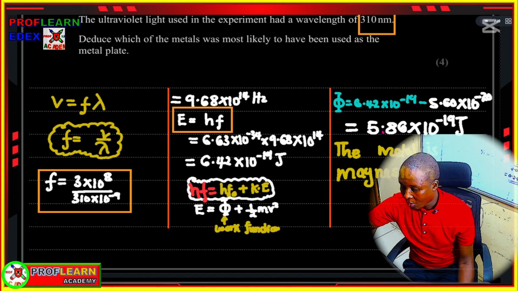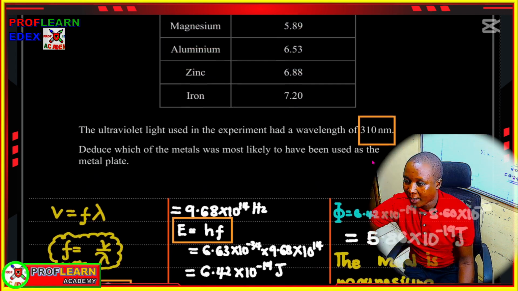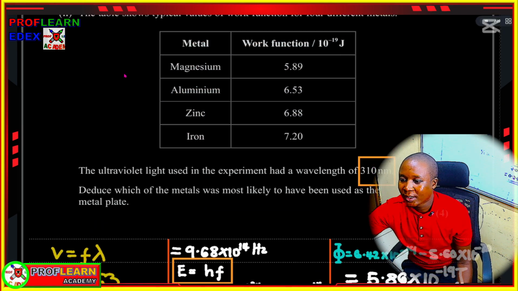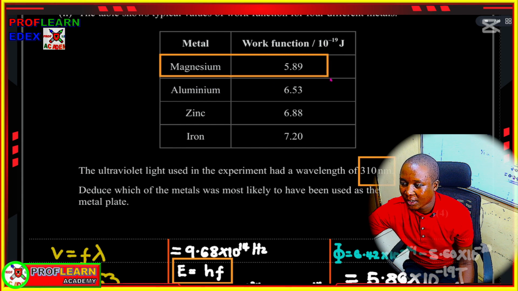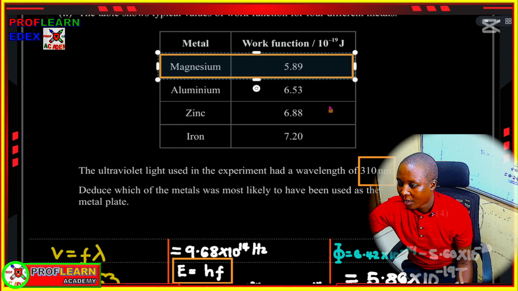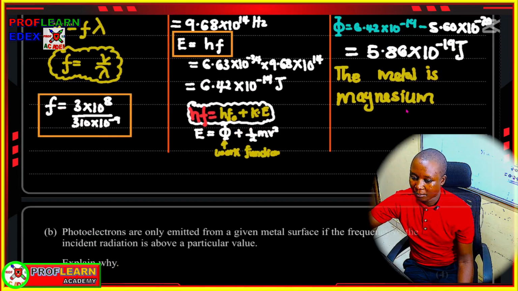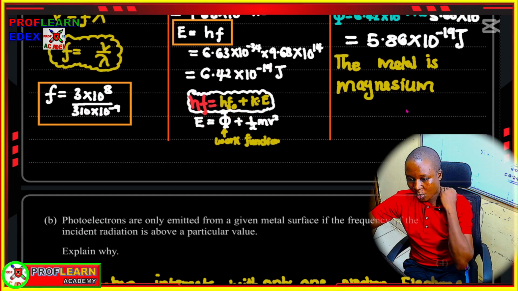Right? So with this work function that we have here, we can compare with whatever table we were given here, and we can see this work function that we got down here corresponds to magnesium.